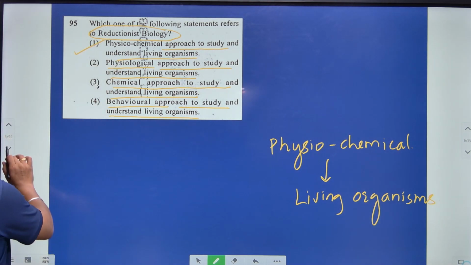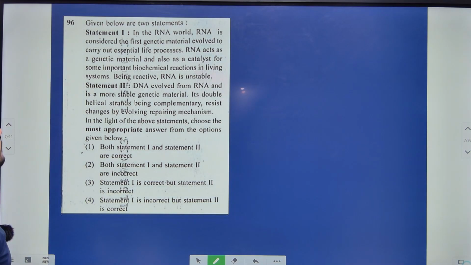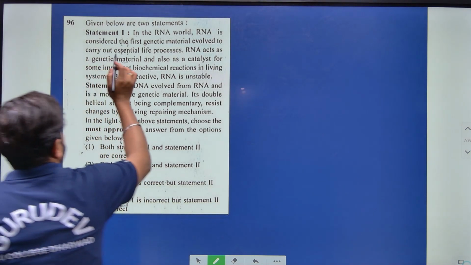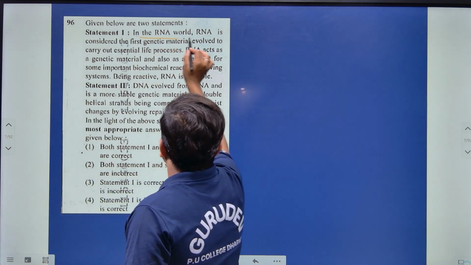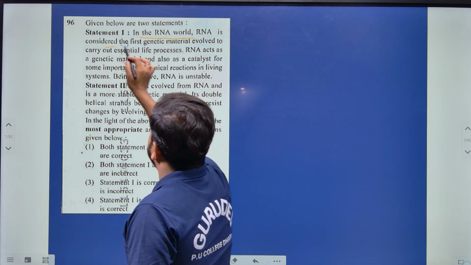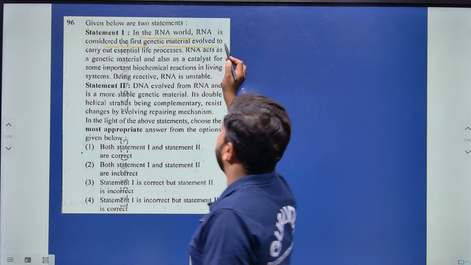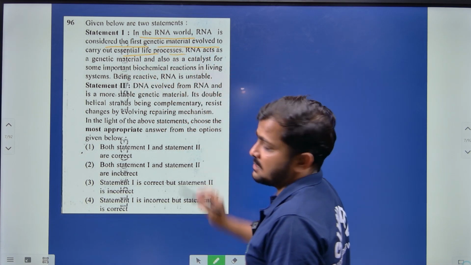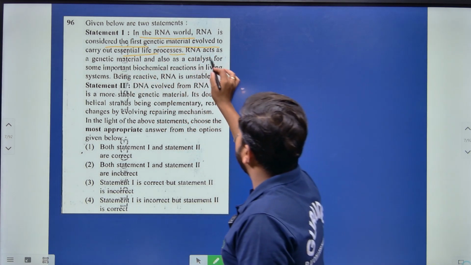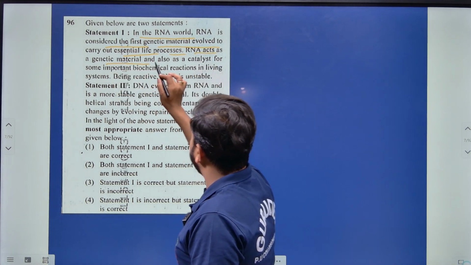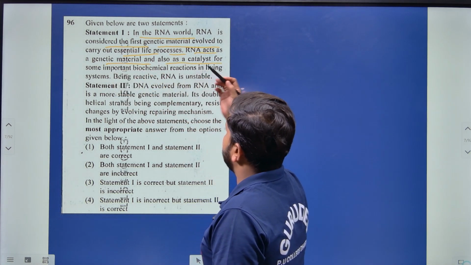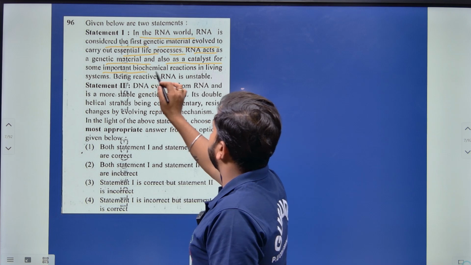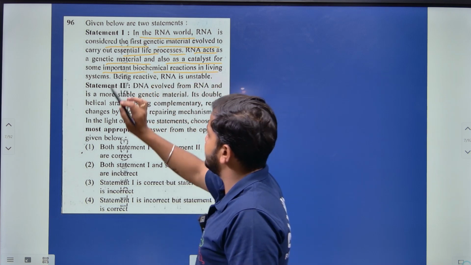Then moving on to the next question, they have given one kind of statement here. Statement 1 says in the RNA world, RNA is considered the first genetic material evolved to carry out essential life processes. Then they are saying RNA acts as a genetic material and also as a catalyst for some important biochemical reactions in living systems.